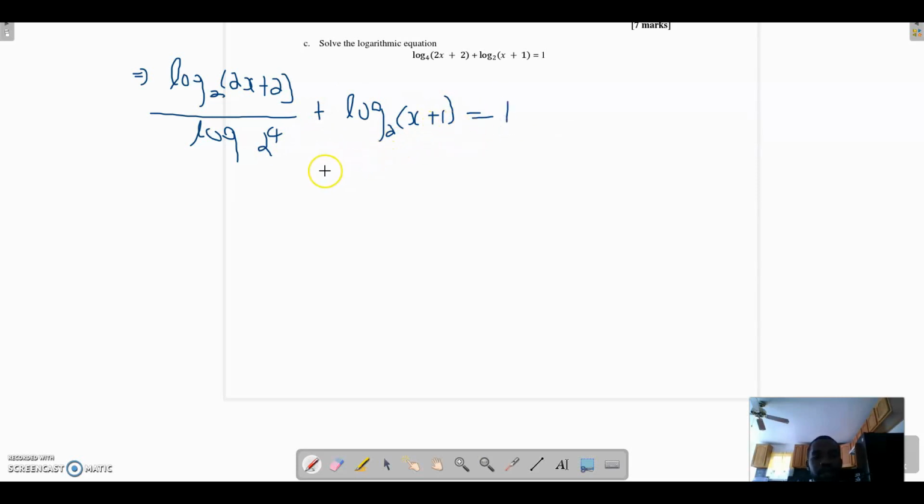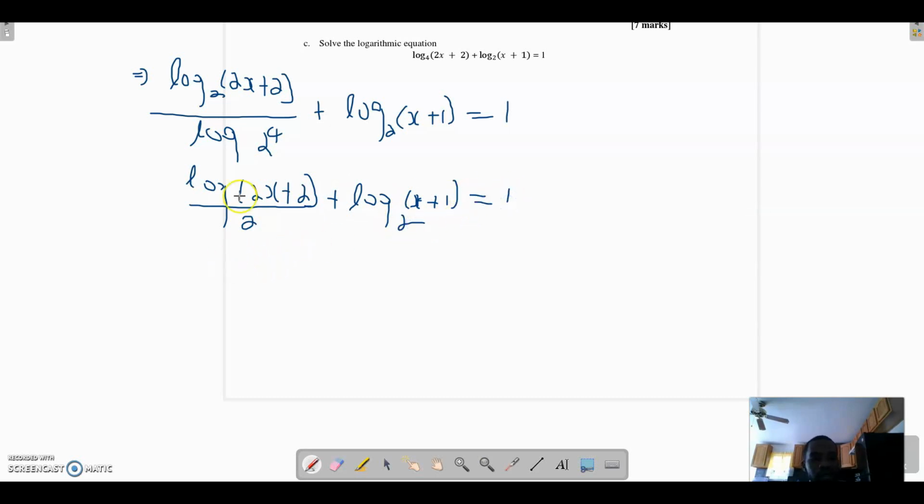Now that I have the same base, I can go right ahead and evaluate this. So this is going to be log of 2x plus 2. Now log 4 base 2 is simply going to be equal to 2, because all it's saying is, what do I raise 2 to get 4? So this would be equal to 2 plus log of x plus 1 base 2 is equal to 1.